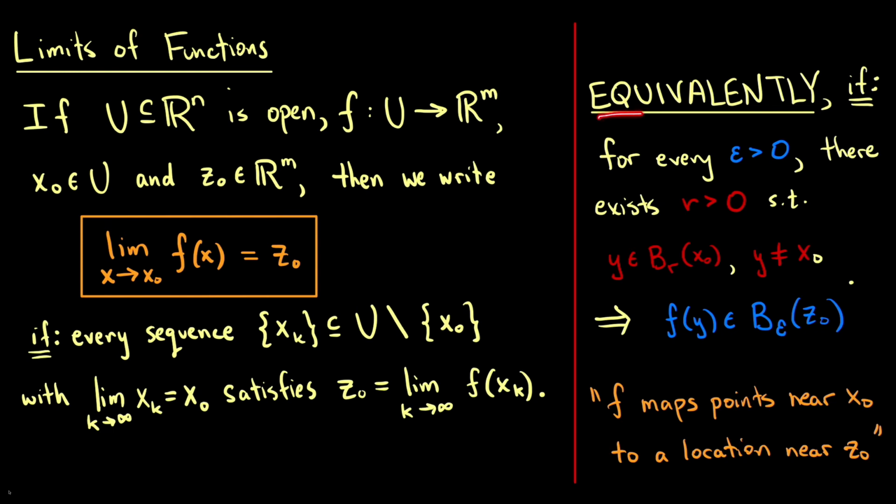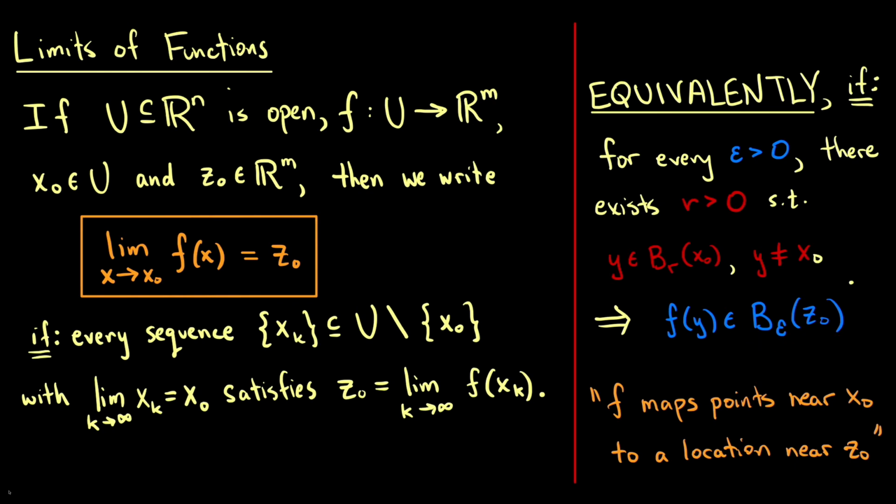Okay, so the equivalent way to state that the limit of f as x goes to x naught is z naught is to say that for every epsilon positive, I can find a radius r, so that if the input y belongs to the ball centered at x naught of radius r, and isn't the center point itself actually, then the output f of y will land in the ball centered at z naught of radius epsilon.